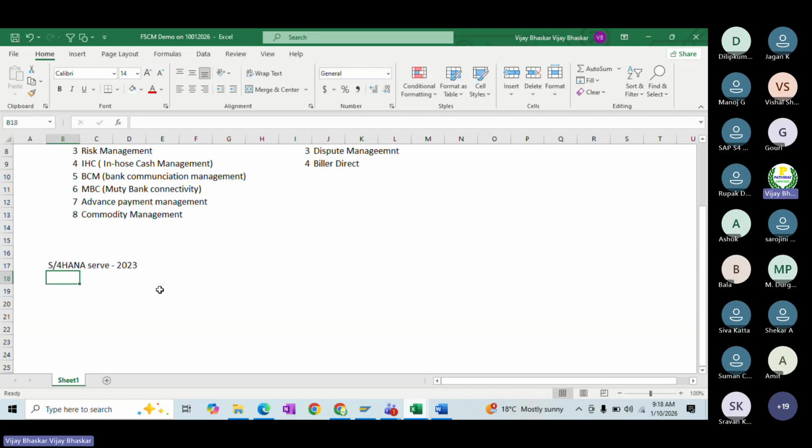I want to clarify that the server used for training will be dedicated only to whoever joins the session. Server access will not be given to external people. Many people approach us for server access, but for them we have a separate version.